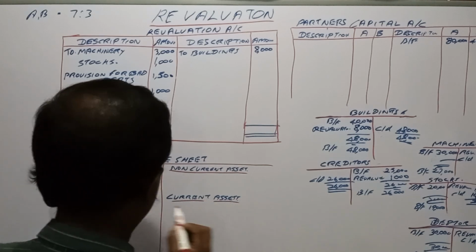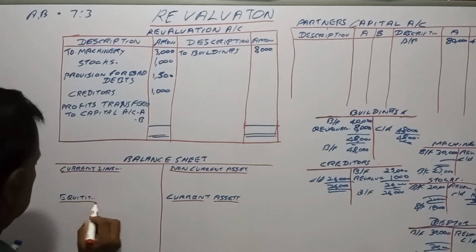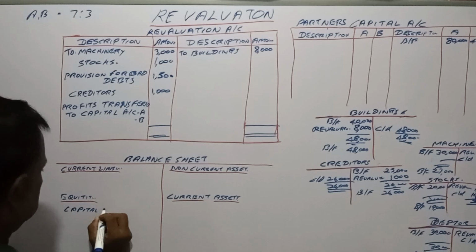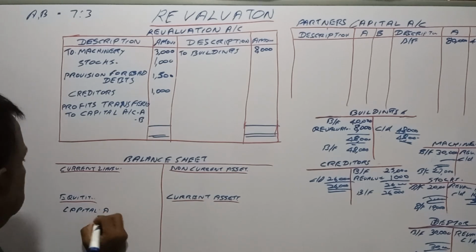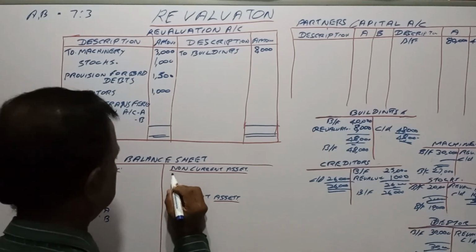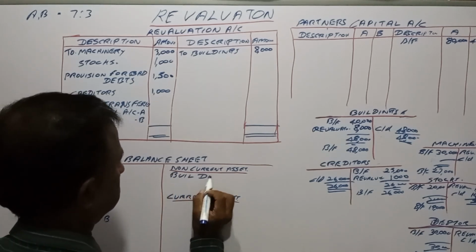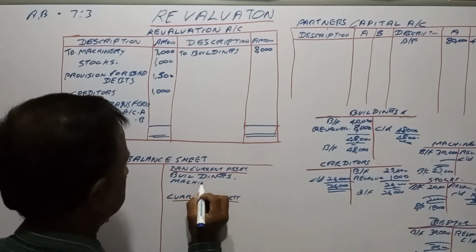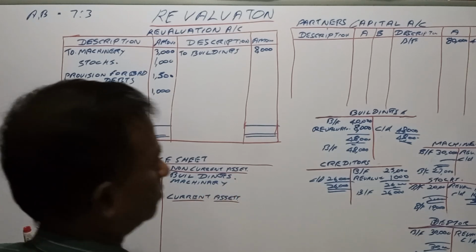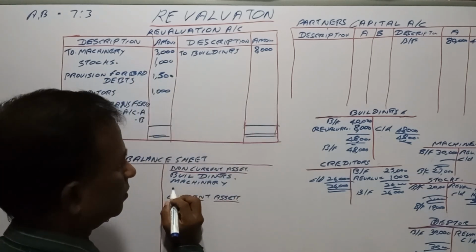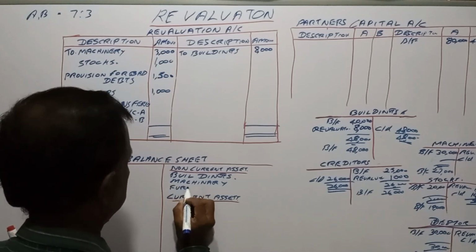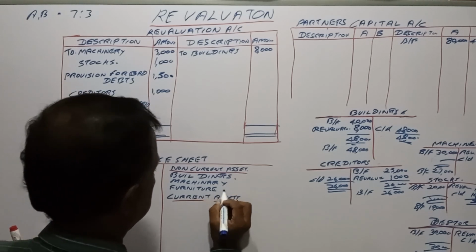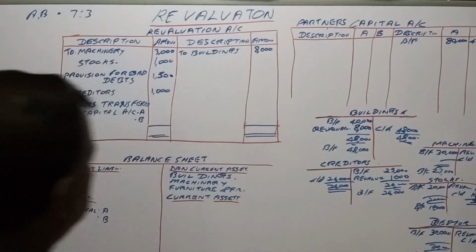Non current assets, another non current assets, what we will have, right? Current assets: buildings, machinery, furniture and fittings.